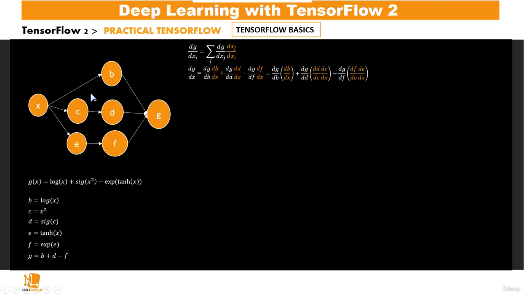So that's why in this case we pass through b, we pass through d, we pass through f. And then to find the derivative of d with respect to x, the only point which is actually linking x and d is just c. So in this case we don't really have a sum, we just have dd on dc times dc on dx. So there we go.